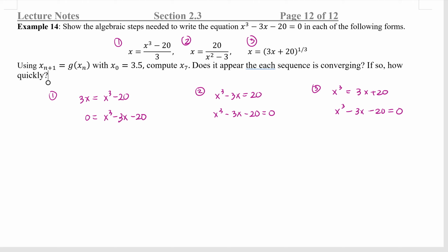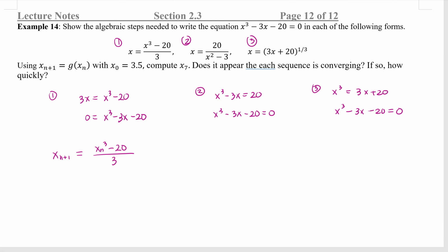So let's look at the first one. The first one, we have x(n+1) equals (xn cubed minus 20) over 3. This is the iterative scheme.